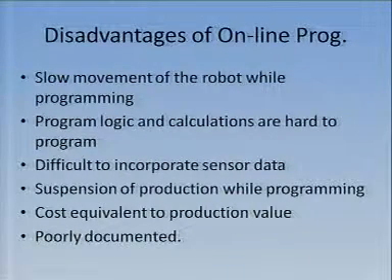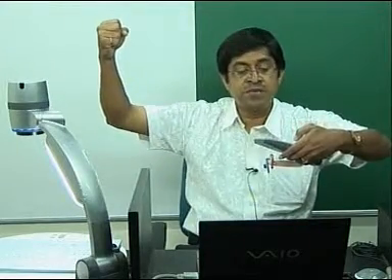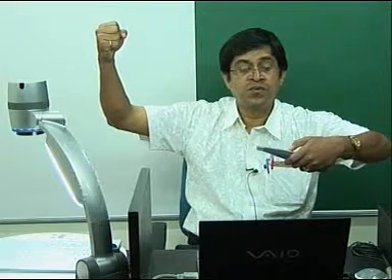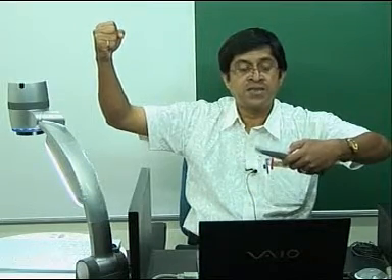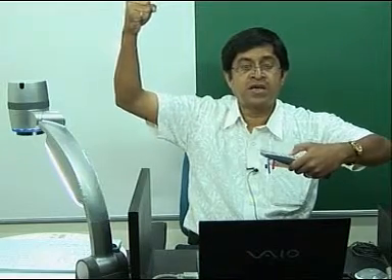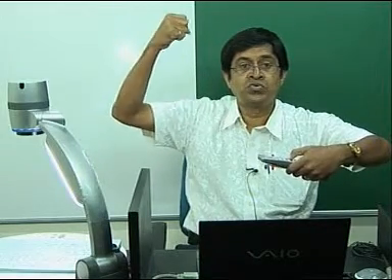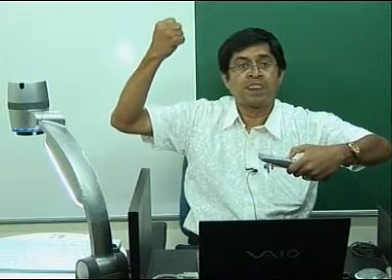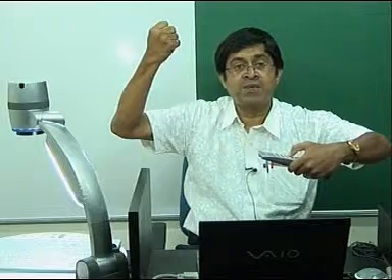Suppose this is my robot and this is my teach pendant. So, I say okay, joint axis 1 moves, I am pressing the button here. So, it moves, then I go to the second button, joint axis 2 moves, then I go to the third button, it moves, then I pick up from here.